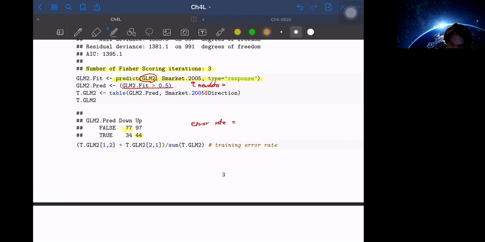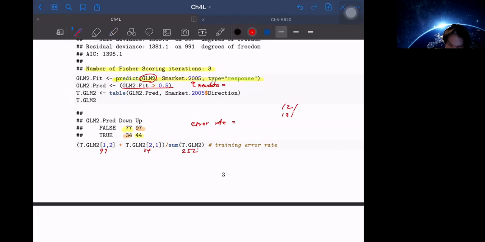is 97 plus 34 over the total. Total is what? 121, 131, maybe 252.